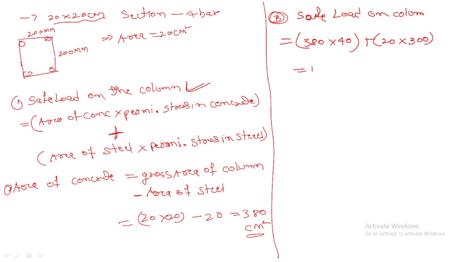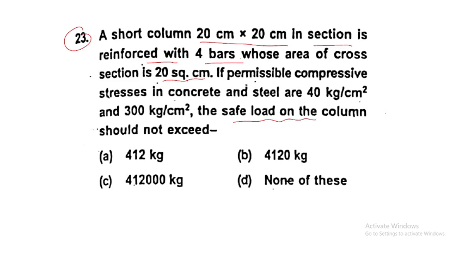That becomes 15,200 plus 6,000 equals 21,200 kg. Okay, 21,200 kg is the answer for the given question.